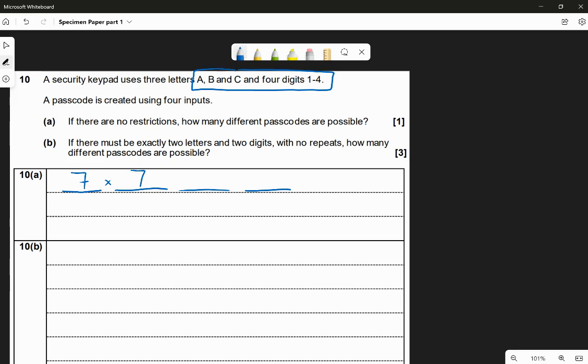I can still put 7 things. I could have A as my password. Wouldn't be advisable, but I could. And then for the third input, 7 choices, and for the fourth input, 7 choices. So that's 7 to the power of 4. So 7 to the power of 4 is how many passcodes are possible in the first one.